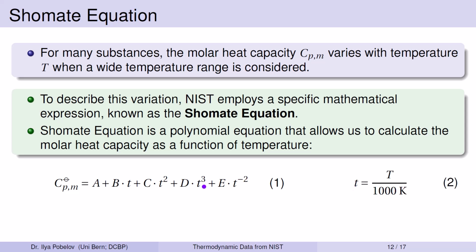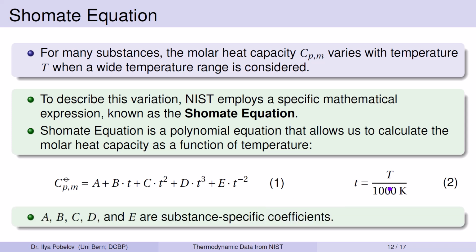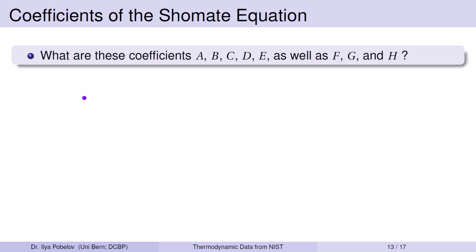Here, small t represents the absolute thermodynamic temperature in Kelvin divided by 1000, while A, B, C, D, and E are substance-specific coefficients. Now, I would like to discuss what these coefficients A, B, C, D, as well as F, G, H, used in related formulas, actually are.